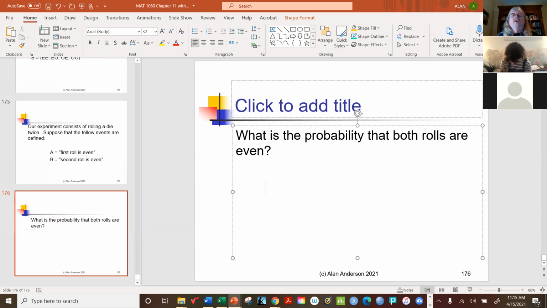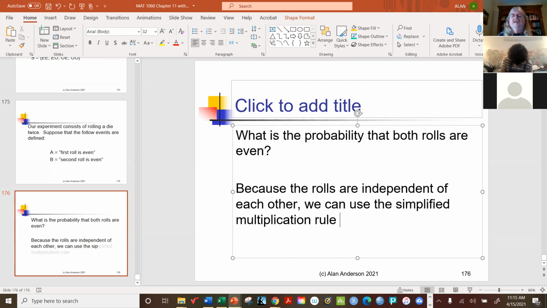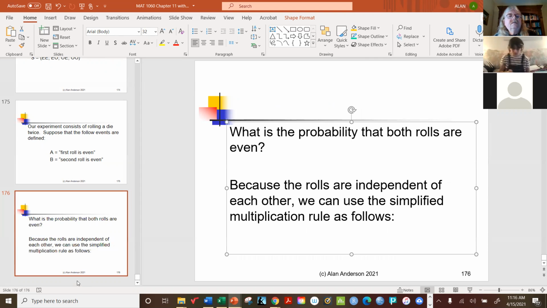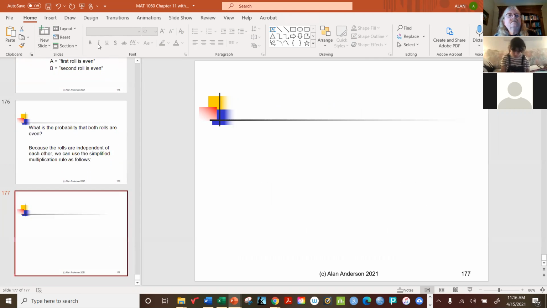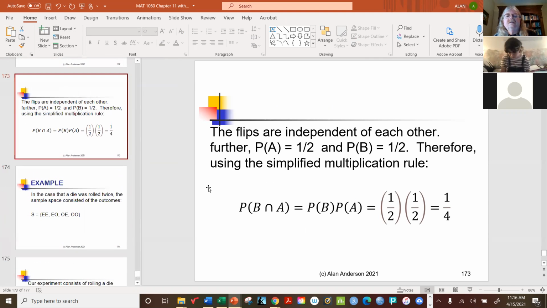Because the rolls are independent of each other, we can use the simplified multiplication rule as follows. Now, just by a ridiculous coincidence, it's exactly the same as the heads and tails. So I'm going to just borrow that formula from back here.